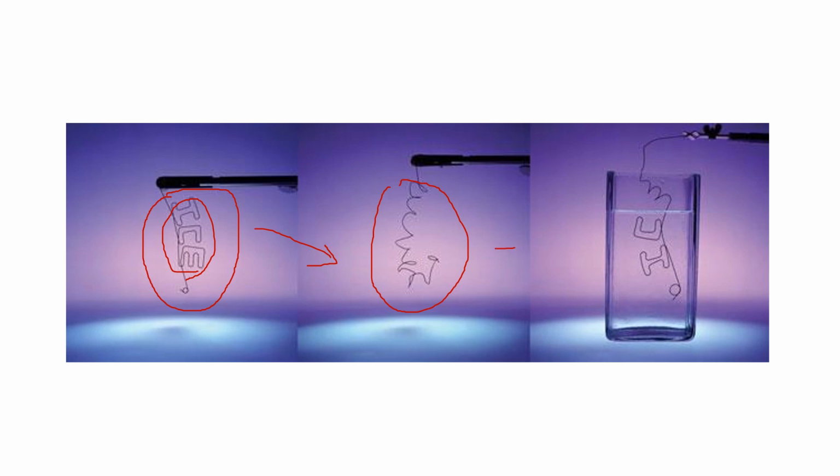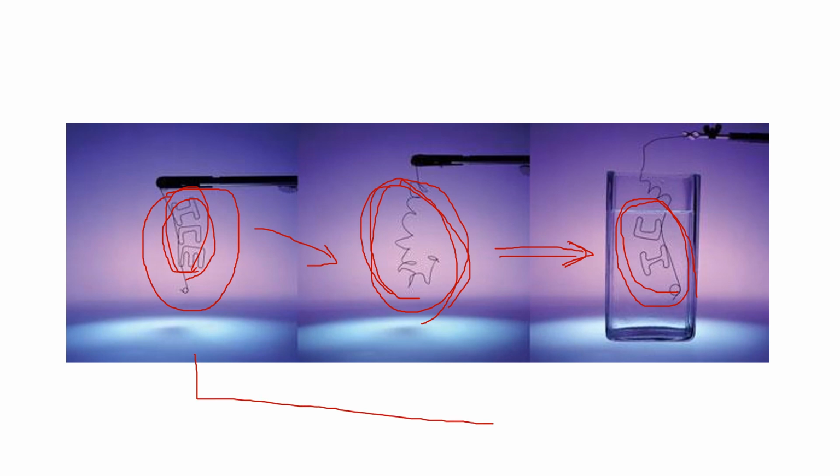But if we heat up, then this deformed structure goes back to the original shape of the structure, the ice structure. So this figure shows how the shape memory alloy is transformed back to its state by heating.